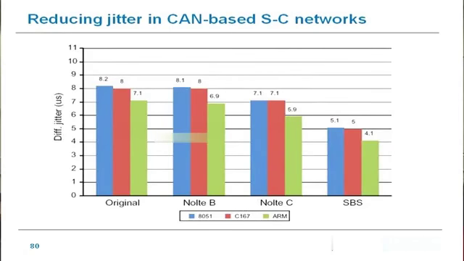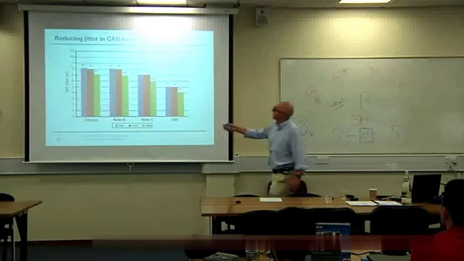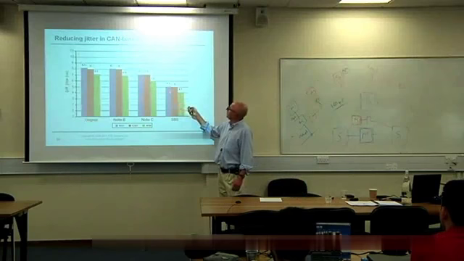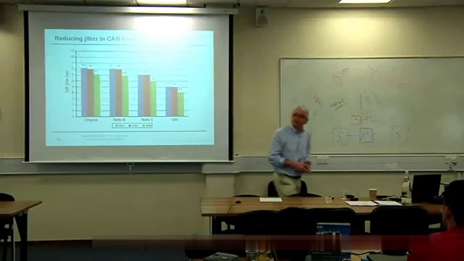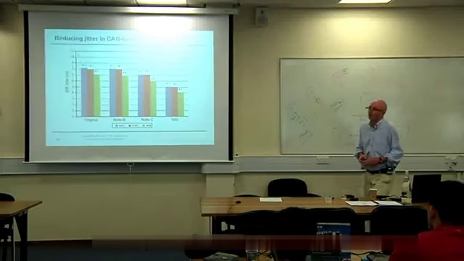And in summary, this is original data recorded from some real application using standard sample data. That got about 8 microseconds of jitter in this particular bus. Using software bit stuffing, that was reduced by a factor of roughly 2 in this application.